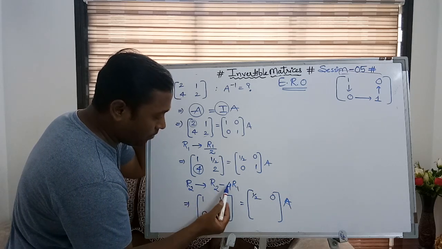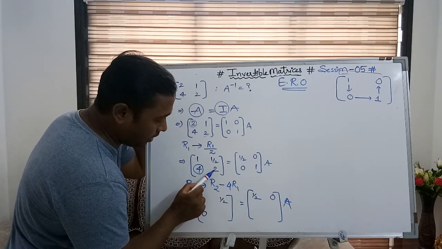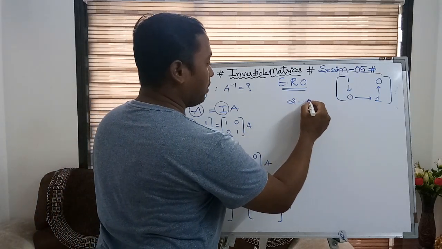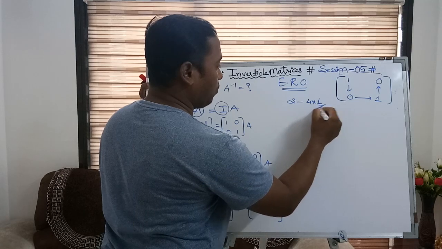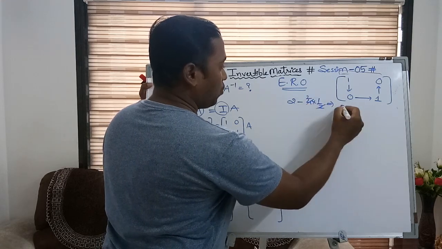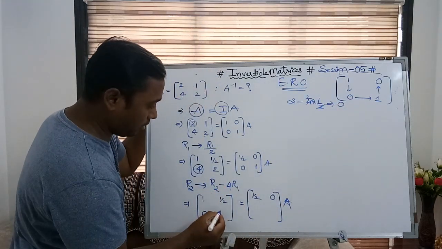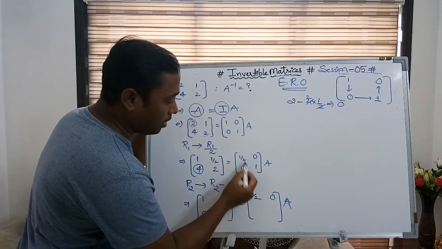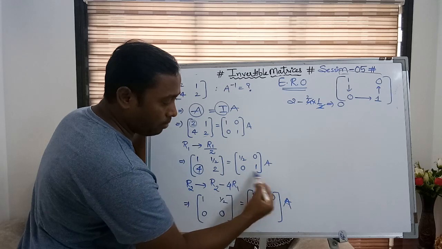Now from R2, 4 times R1. So from 2, 4 times 1 by 2. 2 minus 4 times 1 by 2. What will you get here? 2 minus 2 is 0. So ultimately what you get here is 0. Similarly, the same operation will be applied in the second matrix also.